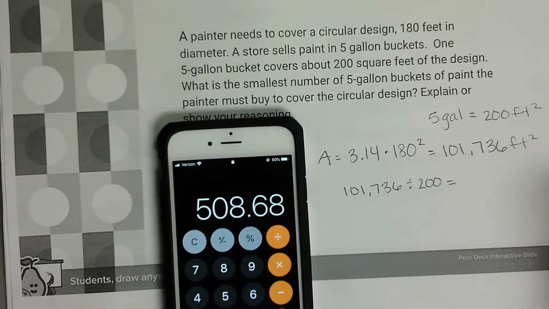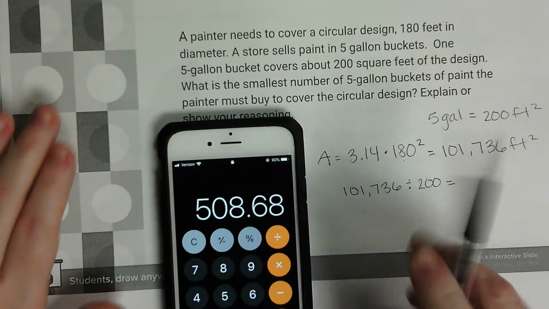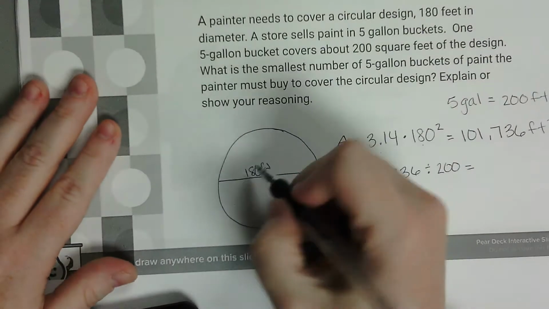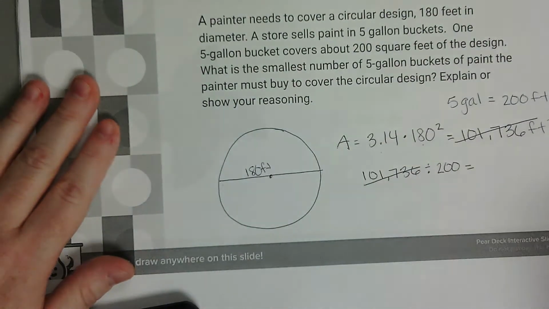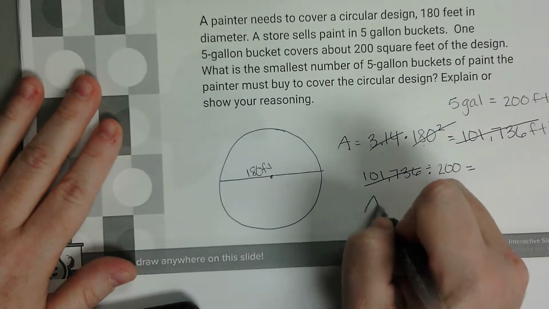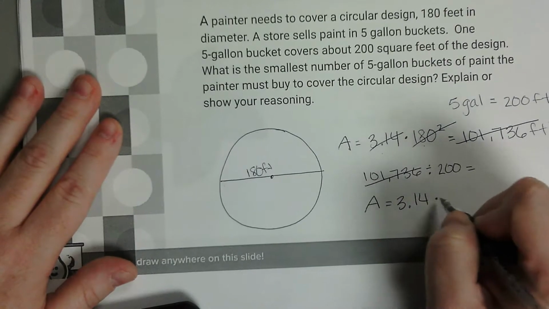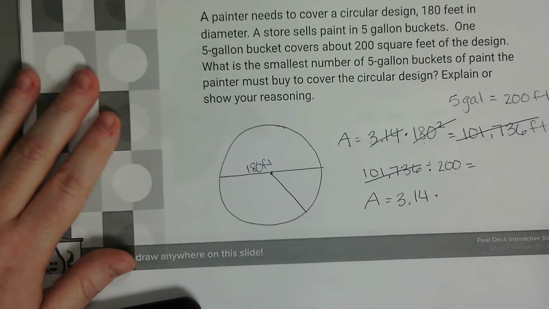Again, I made a mistake. Area is pi r squared. Right now we have diameter. So we have a couple mistakes. I'm sorry, guys. Area equals pi times r squared. R is only half of your diameter.